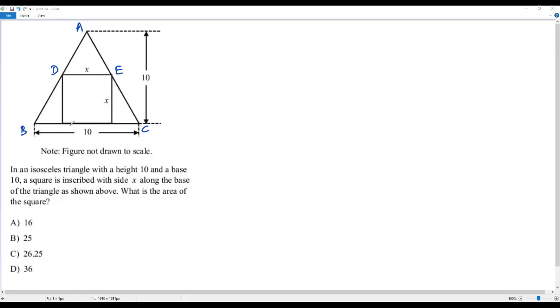Now let's consider the square which has a base along the base of the triangle. Also two of the vertices of the square lie on the two sides of the triangle, AB and AC. Since the base of the square is along the base of the triangle and these two vertices lie on the sides AB and AC, the sides AB and AC must be equal because ABC is an isosceles triangle.